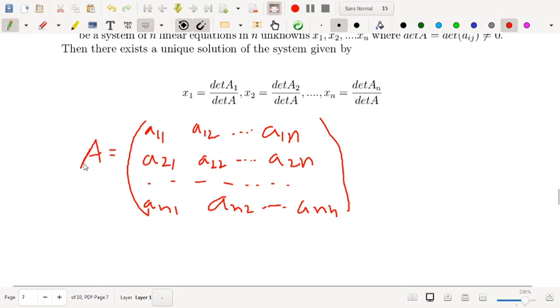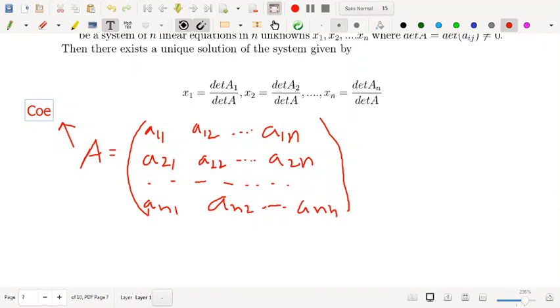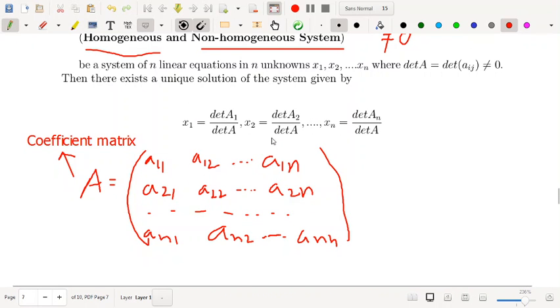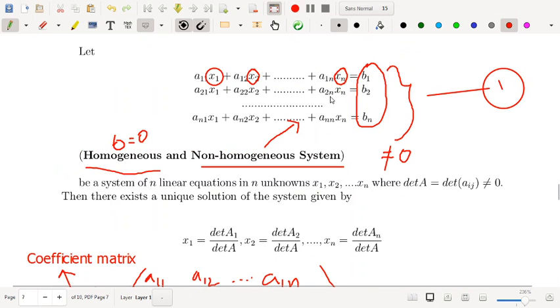This is called the coefficient matrix. Clear?